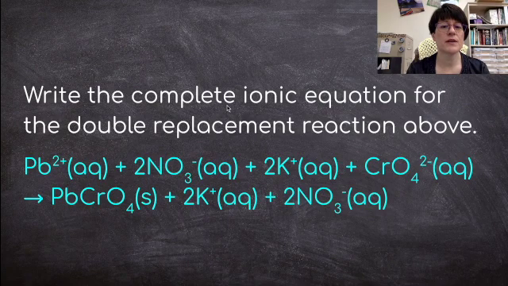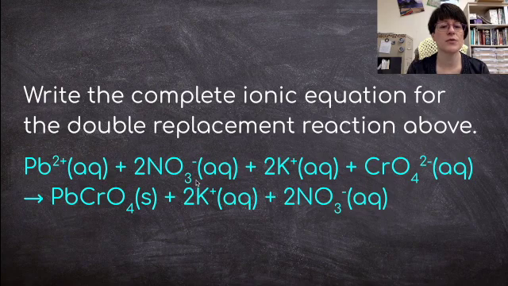So I want to write the complete ionic reaction for the double replacement reaction that we looked at above. So to do that, I have to separate the ions. So I separate the lead 2 nitrate by writing Pb2 positive aqueous plus 2 NO3 negative aqueous.